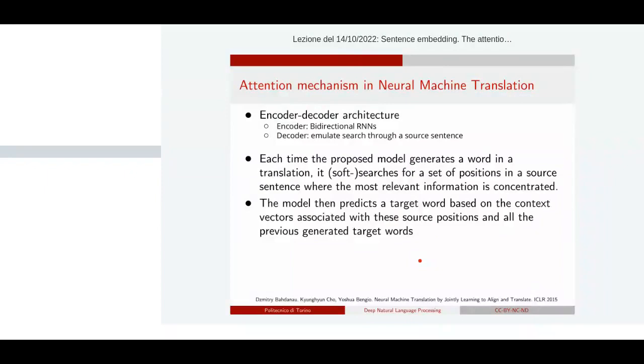I include them in my context-aware representation, and I use it in the decoding phase. So it's an attention-aware decoding, okay? This is the very first attempt to leverage the attention mechanism in NLP.